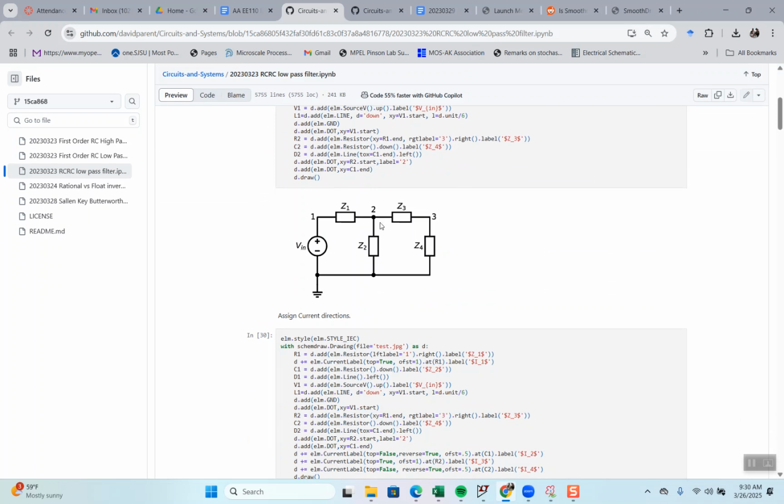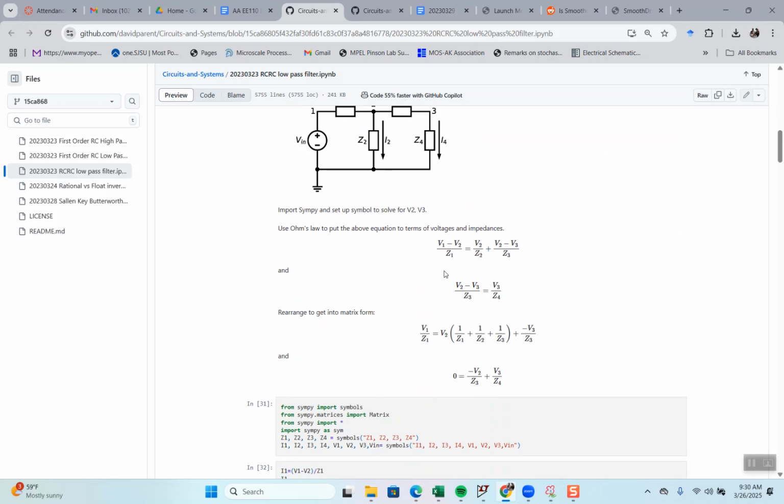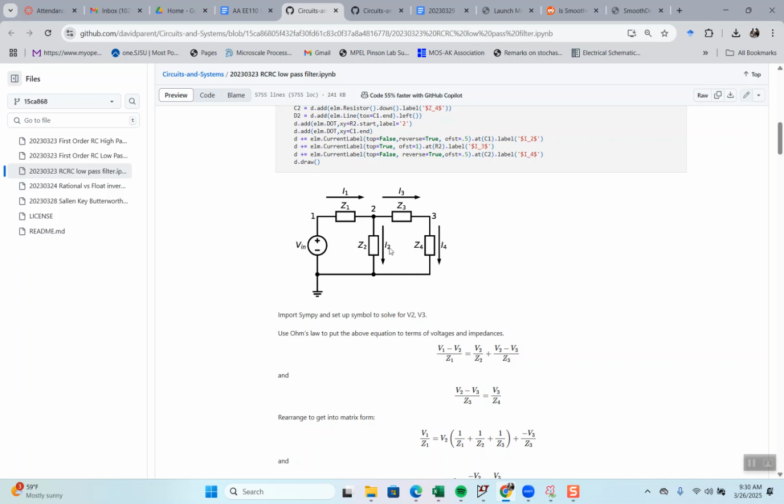So that's what we have here, except I've used impedances, right? I assign the current directions, right? And this is a really hard circuit to analyze. I got to be well rested and in a good mood to get the right answer.